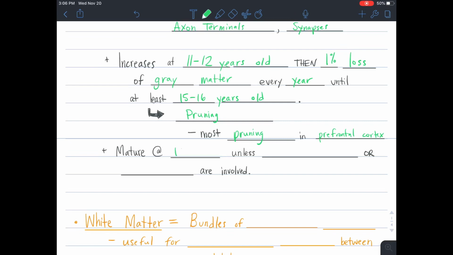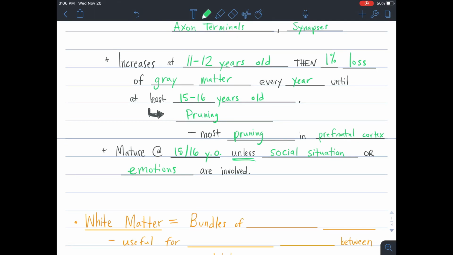So we're finally mature at 15 to 16 years old, and I'm just going to use an abbreviation, YO, for years old. So our brain is mature at 15 or 16, unless we're in a social situation, then we lose the capacity to use our prefrontal cortex, or if emotions are involved.